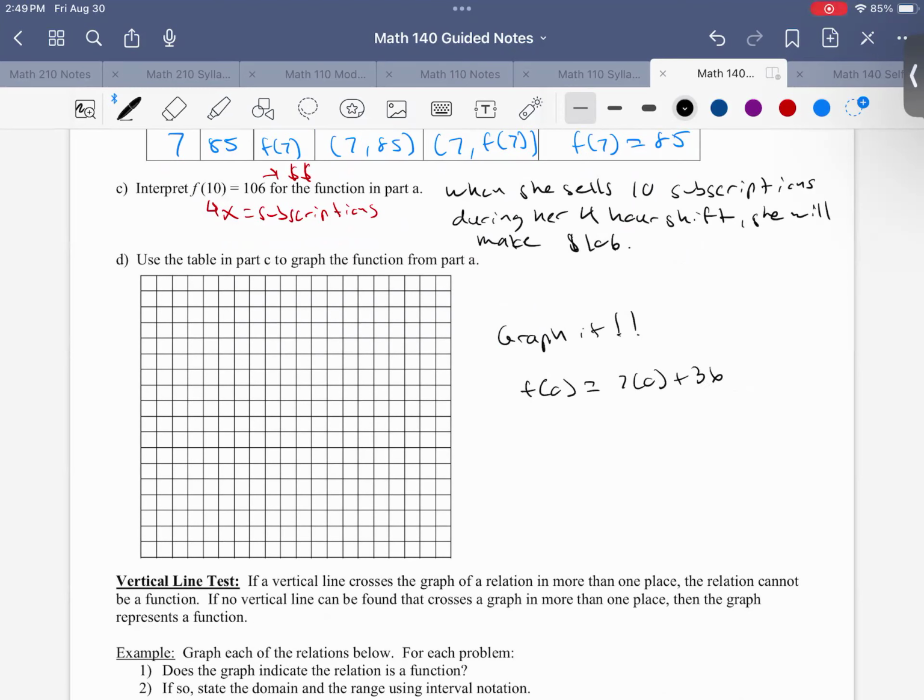So it'll be 7 times 0 plus 36, so it's 36. You would get the point (0, 36). But go ahead and graph it, try it out, and you should get just a linear graph like that. But okay, see you in the next video.